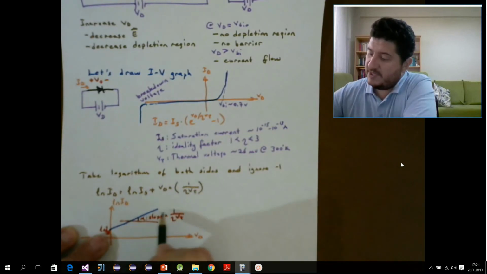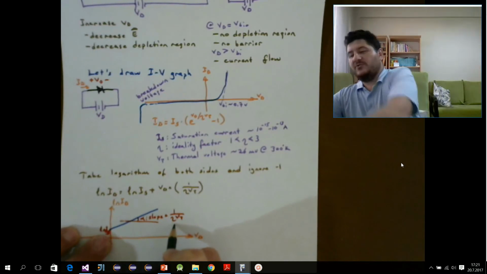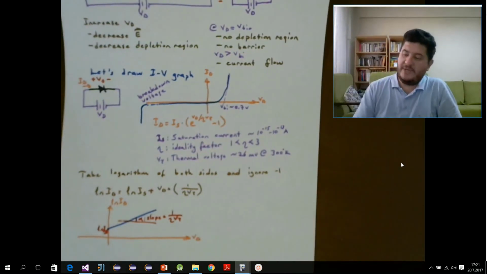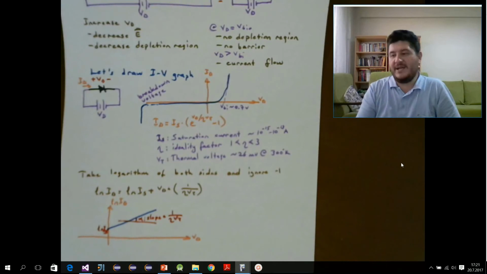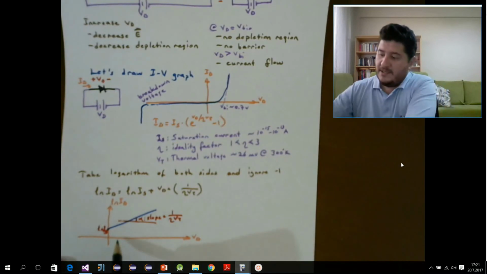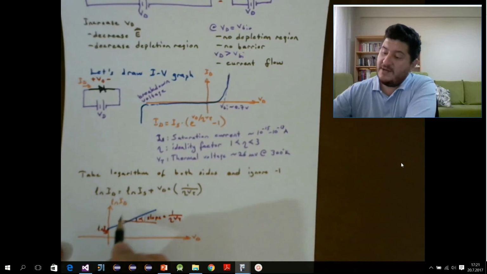So for example, if you want to find the characteristic of a diode, we need to find two numbers, IS and N. How can we find IS and N? What we can do is, in the lab, apply different voltages here and find corresponding ln ID values.